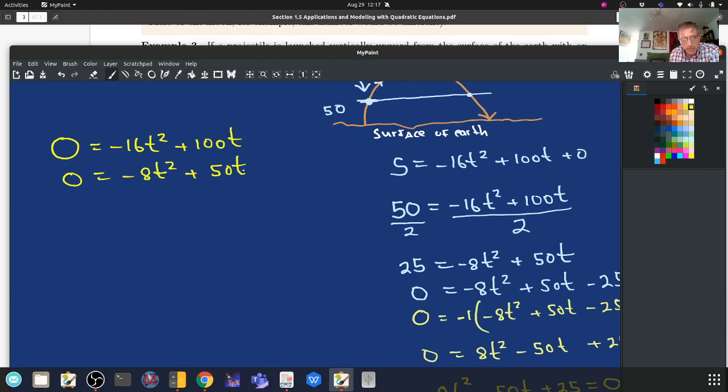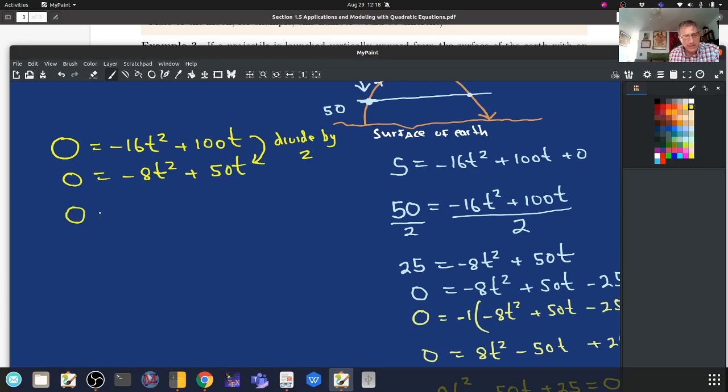So I got to here, divide by 2. When I divide 0 by 2, I get 0. When I divide minus 16t squared by 2, I get minus 8t squared. And when I divide 100t by 2, I get 50t.